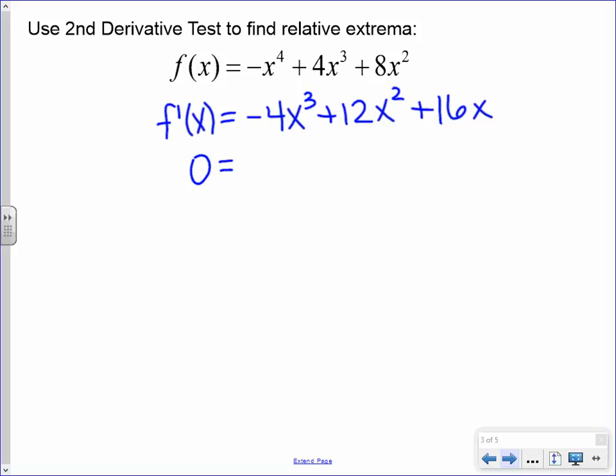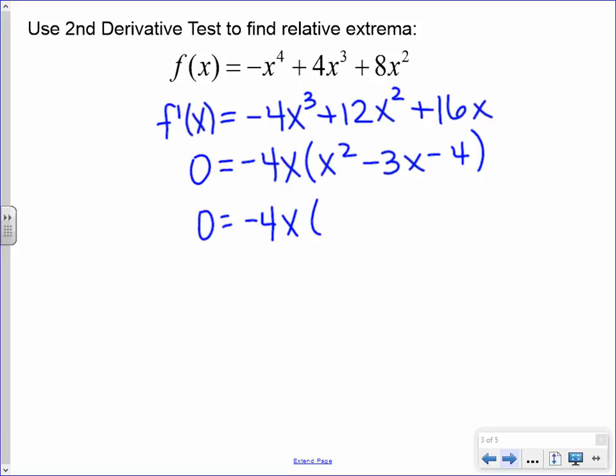Okay? I see that we have a GCF of negative 4x, so let's go ahead and factor that out. Left over is x squared minus 3x minus 4. And then x squared minus 3x minus 4 can be factored to x minus 4 times x plus 1.